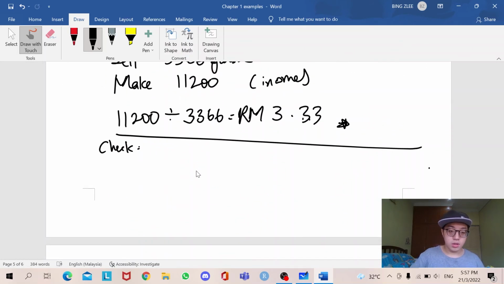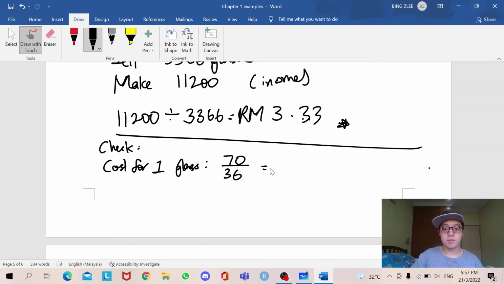So the cost for one glass is 70 divided by 36, because there are 3 dozens and every dozen has 12 glasses in every single box. So the cost of him buying is actually RM 1.94 per glass container, and he needs to sell at RM 3.33 in order to make 60% profit. All right, so this is the final answer.